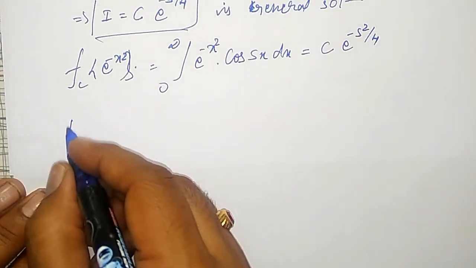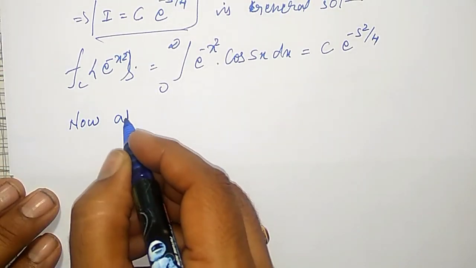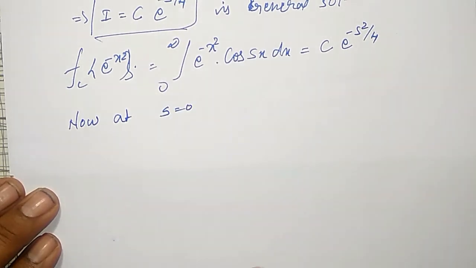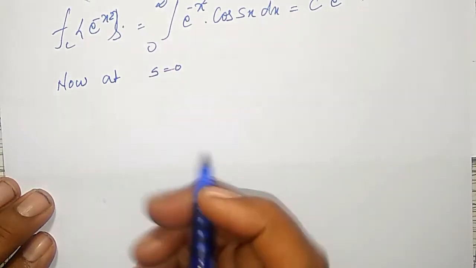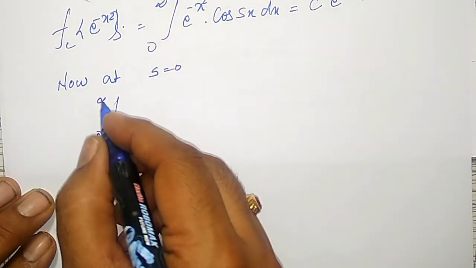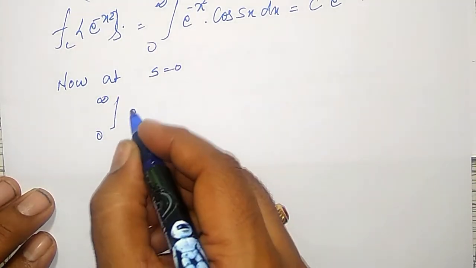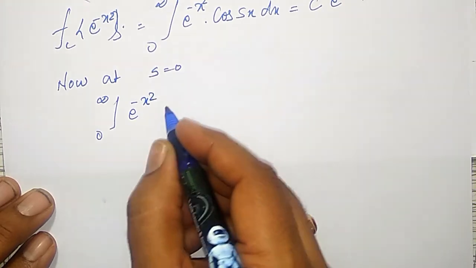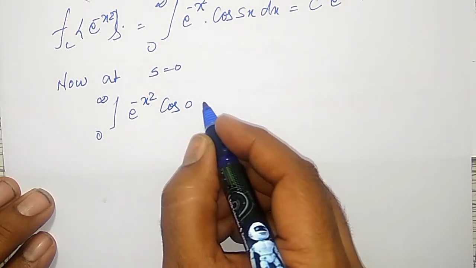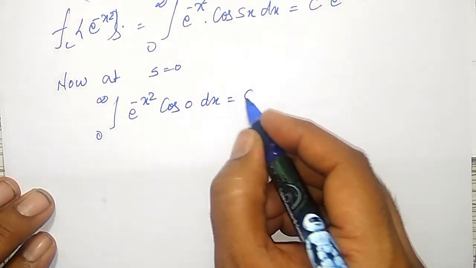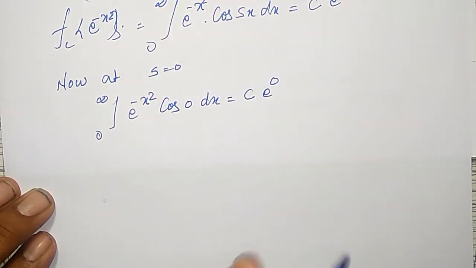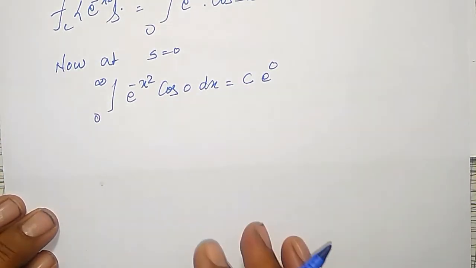Okay, now at s equal to 0, the left hand side will become integration from 0 to infinity e to the power minus x square into cos 0 dx equal to c into e to the power 0. e to the power 0 is nothing but 1.